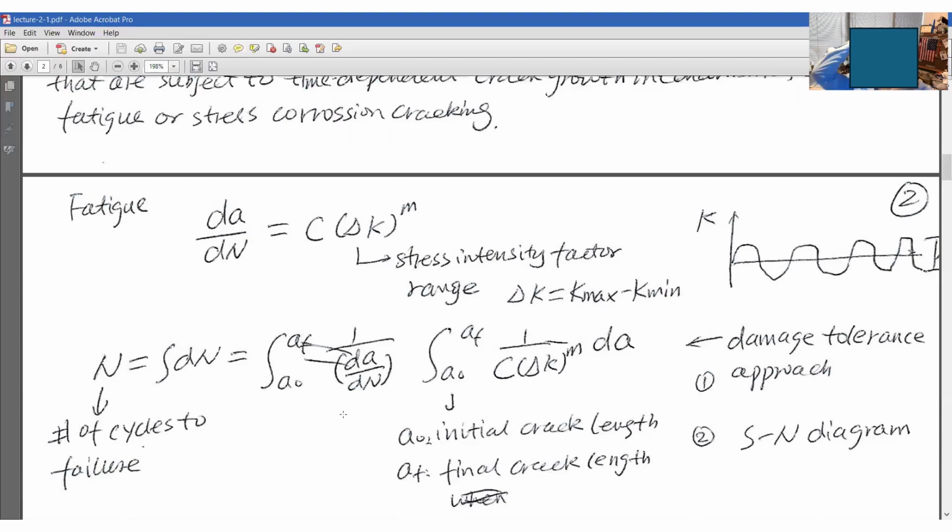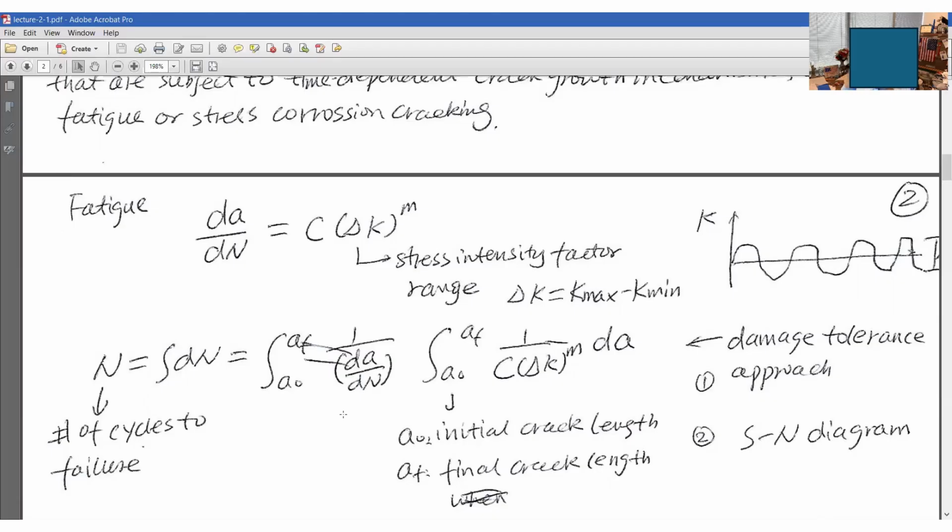It says that if I know the cyclic loading, and then I calculate K maximum and K minimum, and if I also know the initial crack length at the very beginning, and I know when we treat this cracked body as failed, so AF, you can define AF, right?